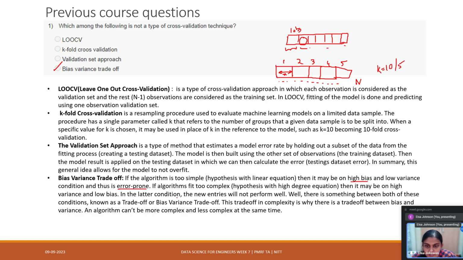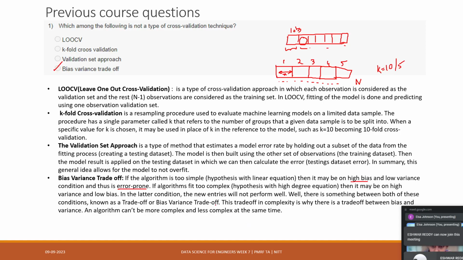Then if the algorithm fit is too complex, you have seen that in the lectures also. If you have a high degree equation, say in linear regression you use a polynomial with a very high degree, then it has high variance and low bias.